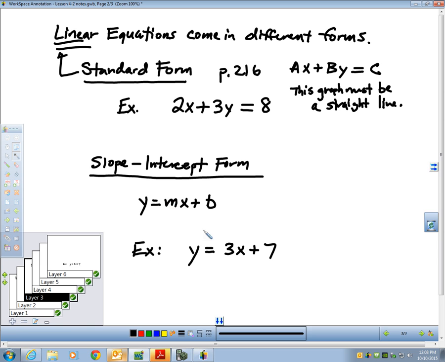So if I see this, you can see how this equation is in slope-intercept form. This must give me a straight line graph. Slope-intercept form is always linear. So these two equation forms will always create a straight line graph.